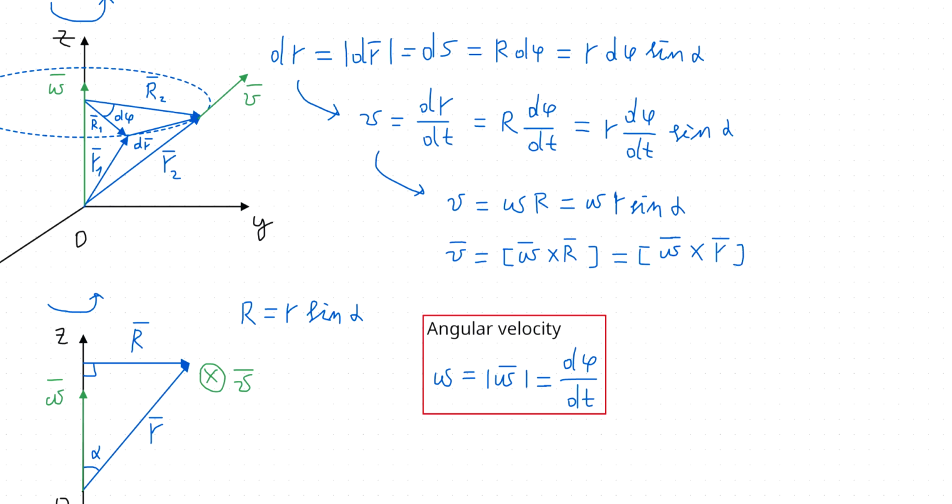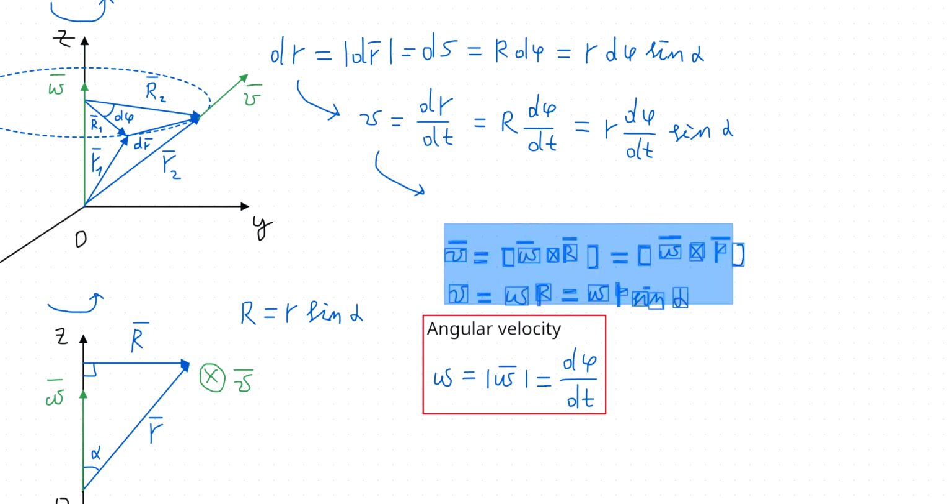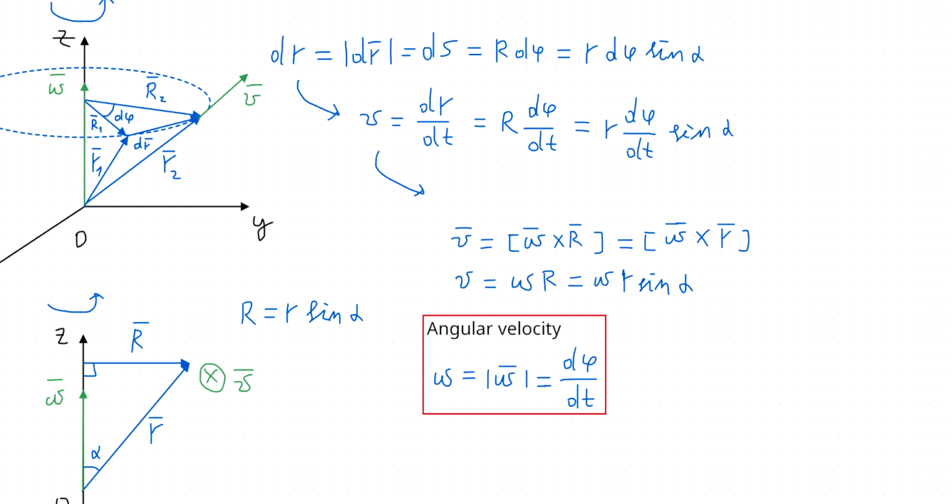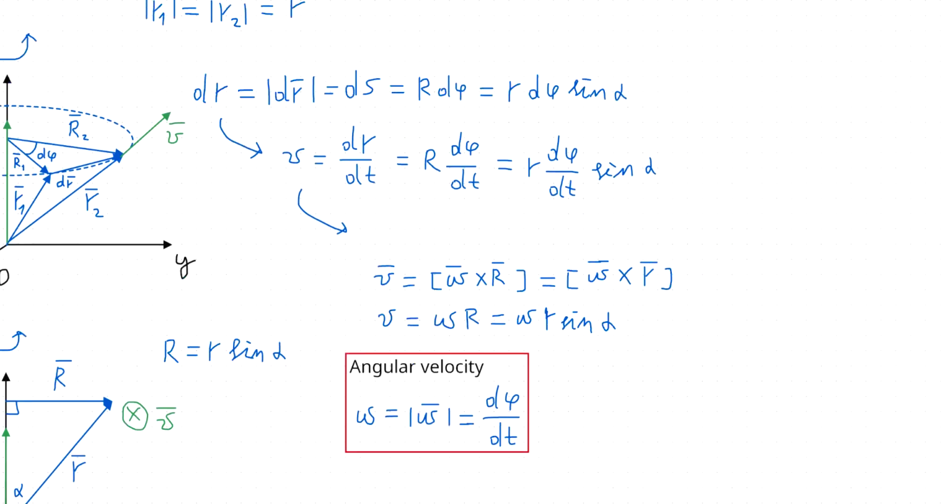Okay, so do you have any questions about the connection between velocity, angular velocity, and radius of rotation? Nope. Okay, it's okay for me. So I will frame this in red, because these are important formulas that we will use tomorrow to solve some problems.